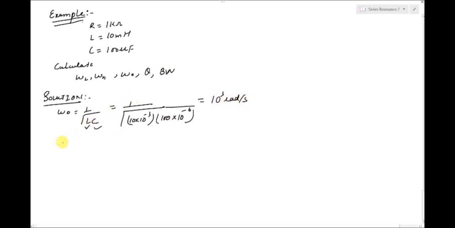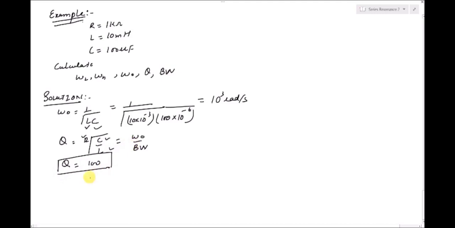Now to calculate the quality factor, it is R root C over L, and also omega naught over bandwidth. We know the values of resistance, capacitance and inductor. By using these values, we calculated the quality factor to be equal to 100.